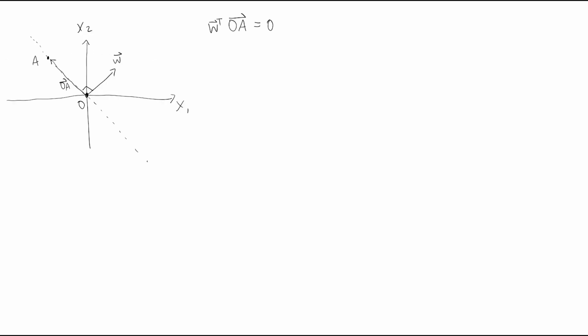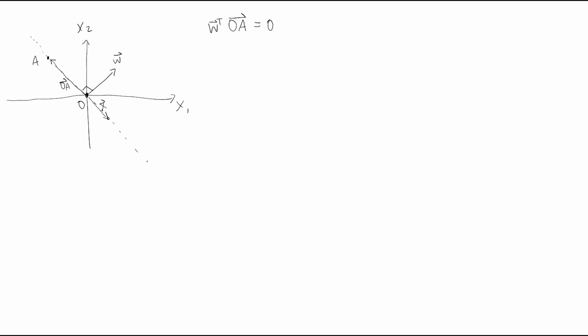So now, because the line is perpendicular to W, we know that W transpose, the W vector transpose the vector OA, should be equal to 0. In fact, any vector whose endpoint is along this line, let's call it X, well, W transpose X would be 0, right?